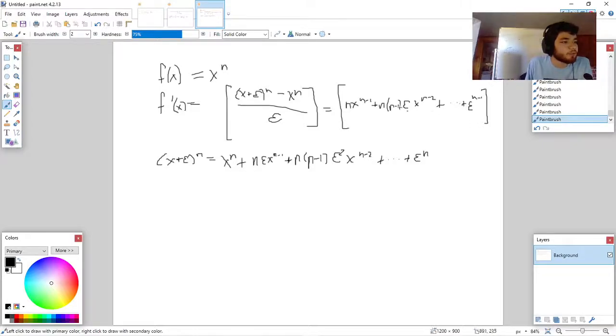And we're taking the standard part of this, so all of this dies, and what's left is n x to the n minus 1. And that's what the derivative of x to the n is. It's n x to the n minus 1.